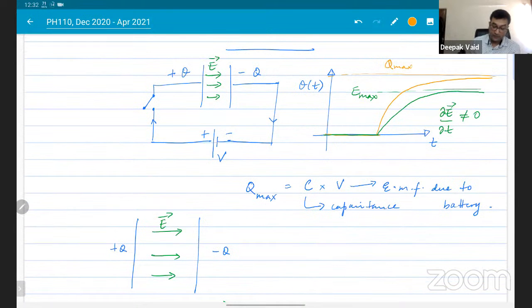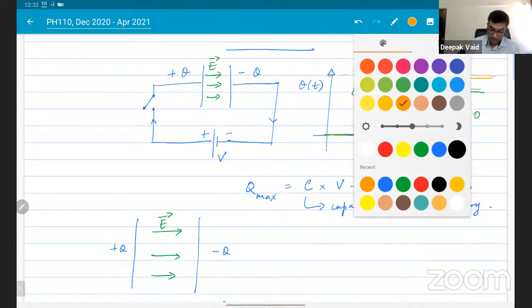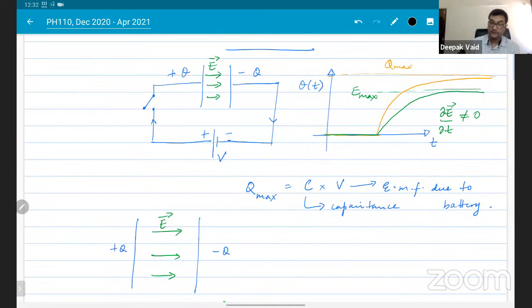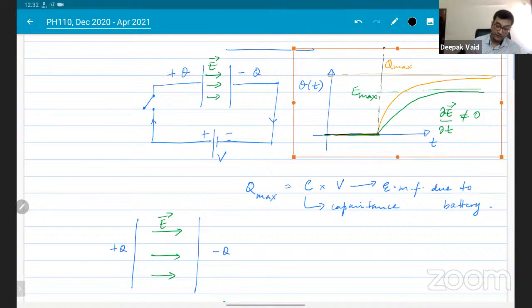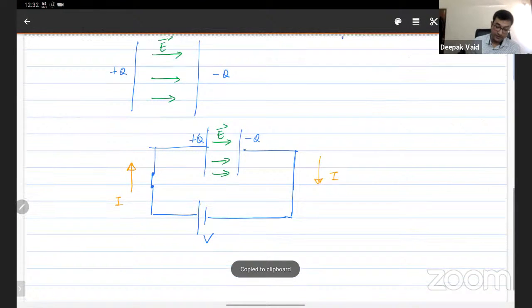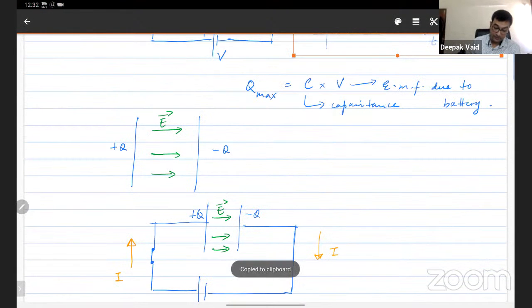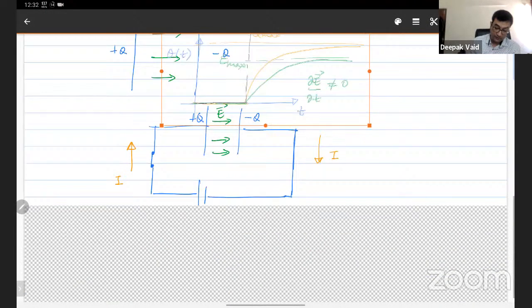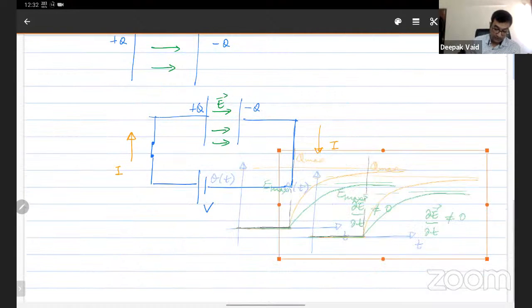And I can make a plot of the current also, by the way. If I want to make a plot of the current, what does the current look like? It is 0 initially. Then I close the circuit, and the current is at some maximum value. Maybe I'll put it here, otherwise there's too much information in one place.